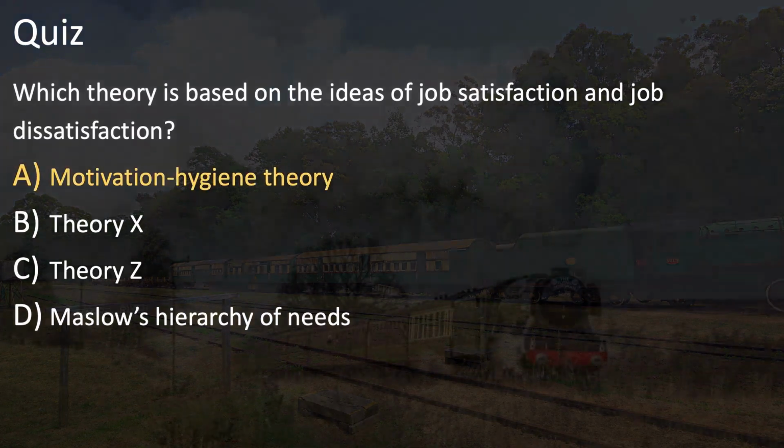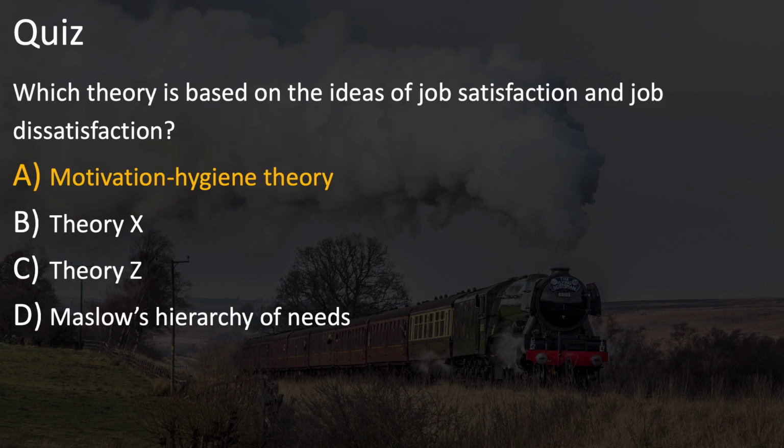The answer is A. The motivation hygiene theory, in which it listed certain things that provided job satisfaction, but also some independent things that created job dissatisfaction regardless of whether or not you had the factors for job satisfaction in place. Things that, like Maslow's hierarchy of needs, need to be satisfied, but not the same as Maslow's hierarchy of needs because it's two separate lists.